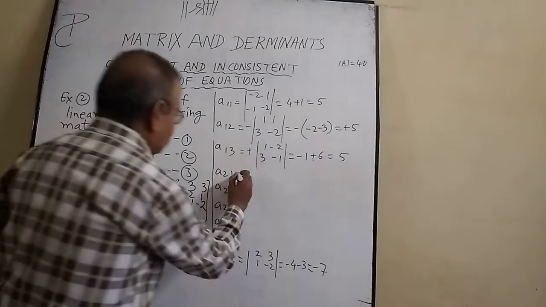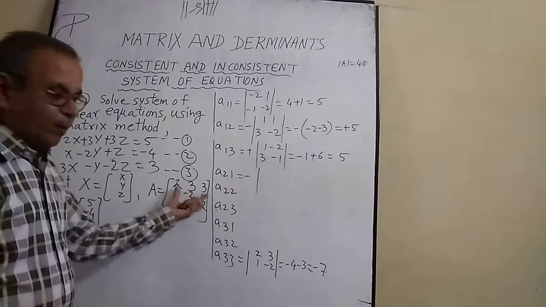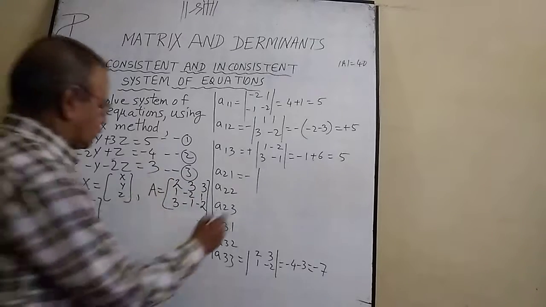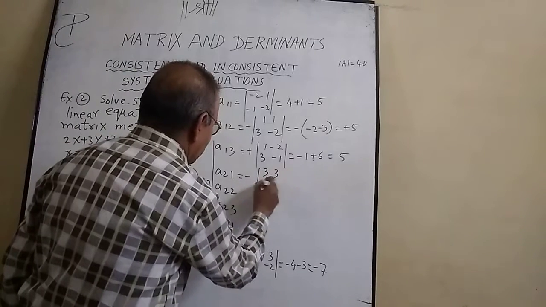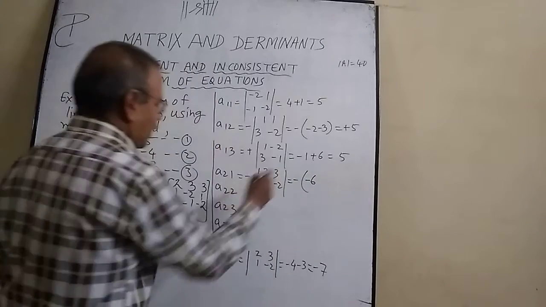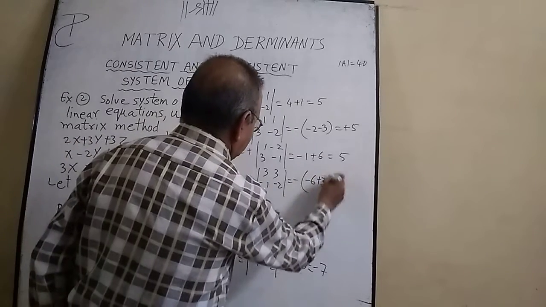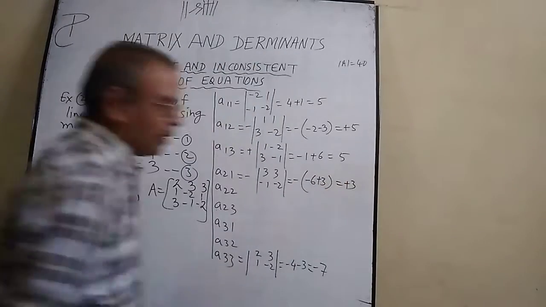Now what about A21? A21 means second row and first column. So that is 3, 3 minus 1 minus 2 is minus 6, and that is equal to plus 3, and therefore it is plus 3.